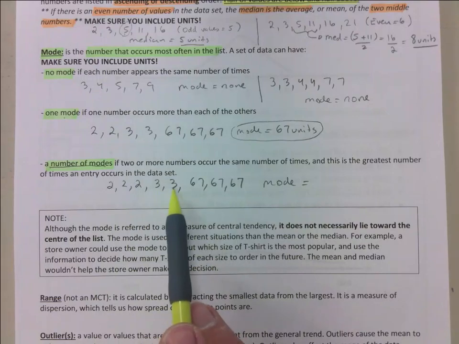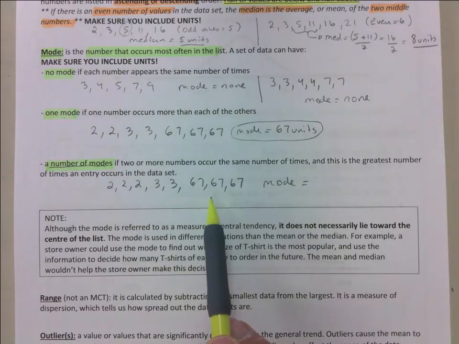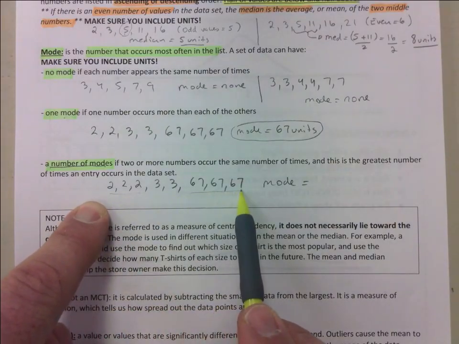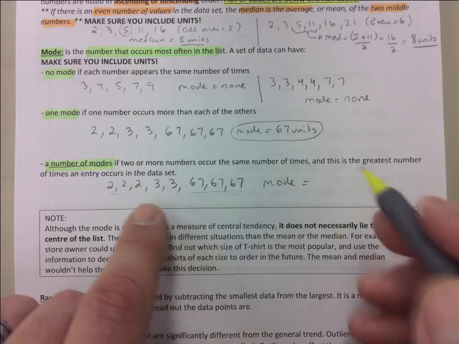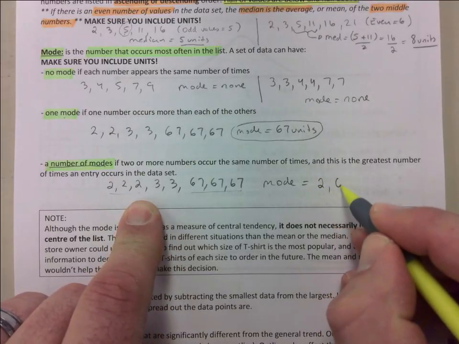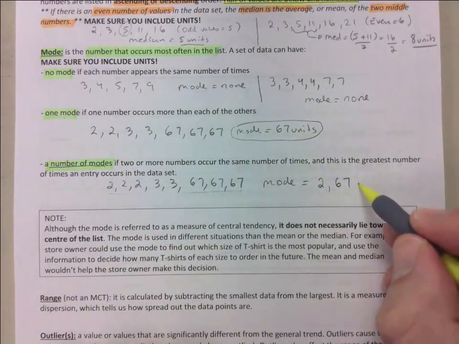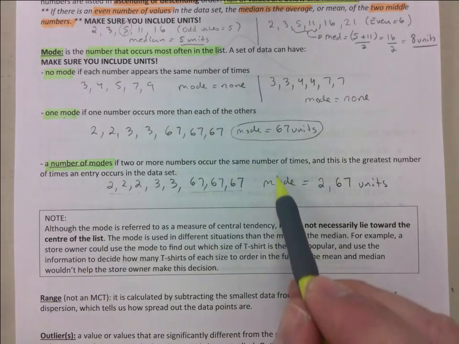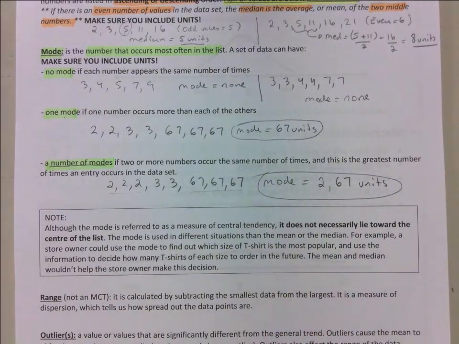Like if the 3 had appeared one more time, then every single number would have appeared 3 times, no mode, right? But because you have the 2s and the 6, 7, right, they appear 3 times. In this case, you actually have 2 modes. So this one is borderline no mode, but instead it has 2 modes, okay?